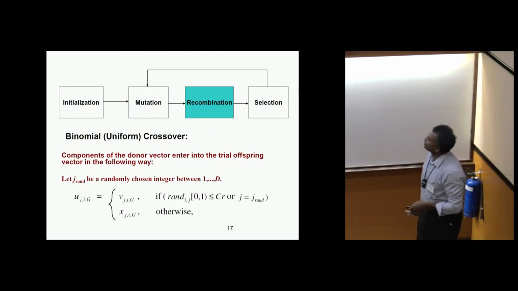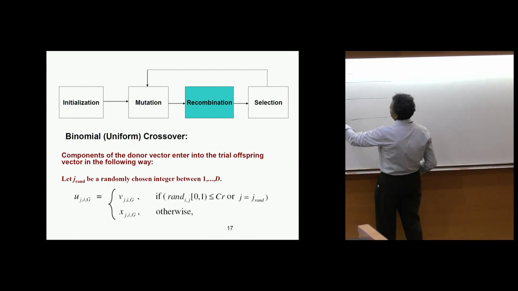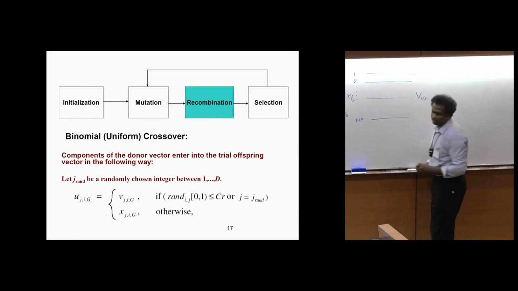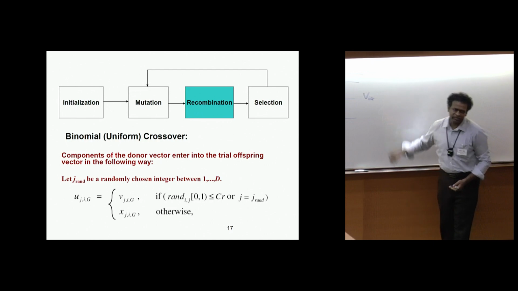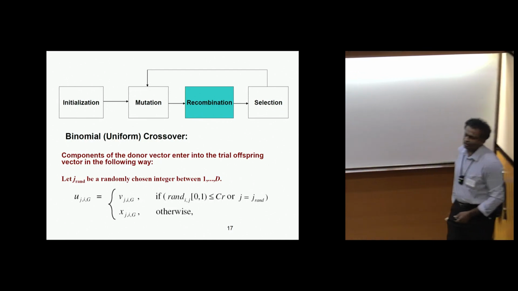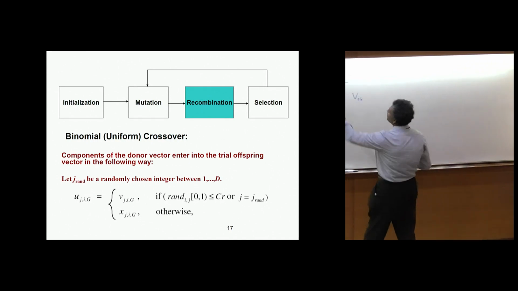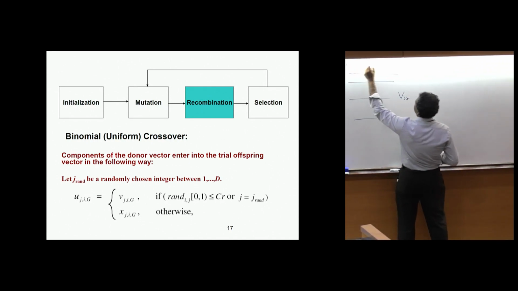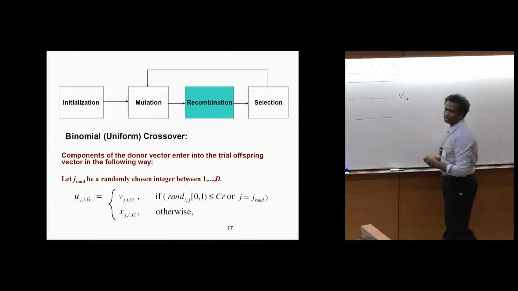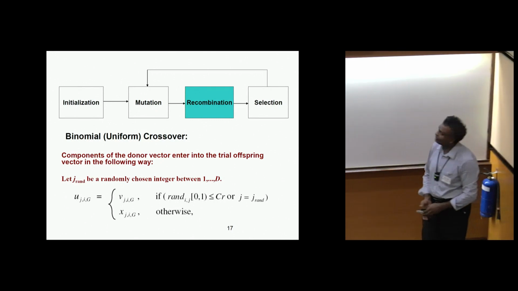When you want to do the crossover, you do it with this ith member and the mutation vector you obtained in the previous slide. That is where you perform the crossover. And here you have 1 to capital D decision variables.